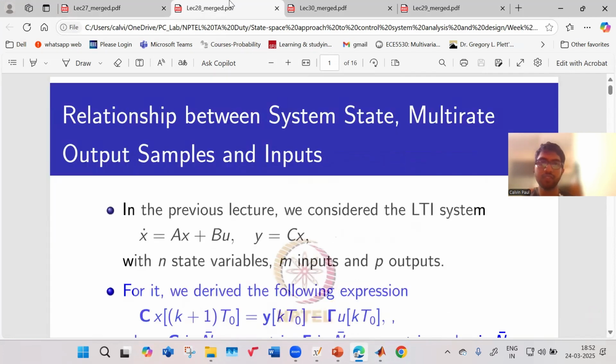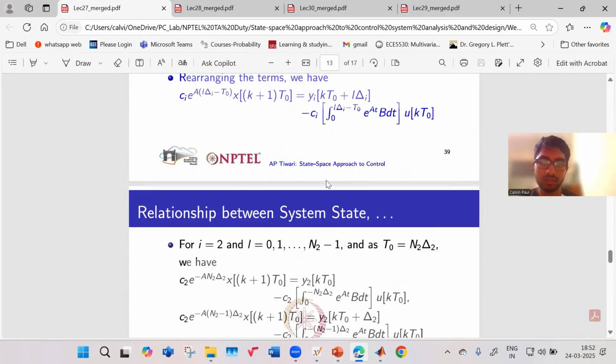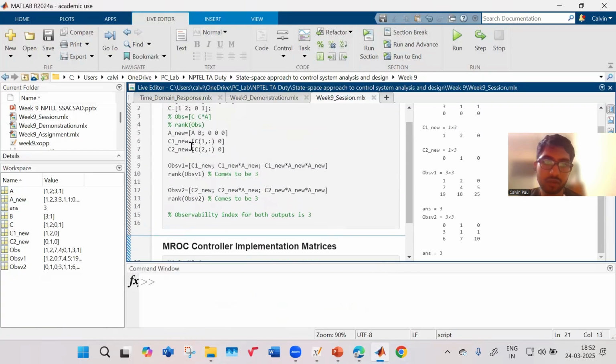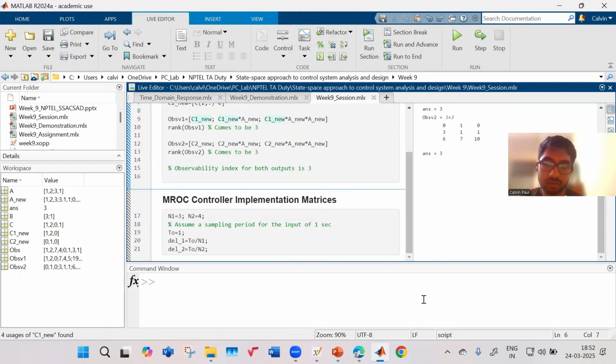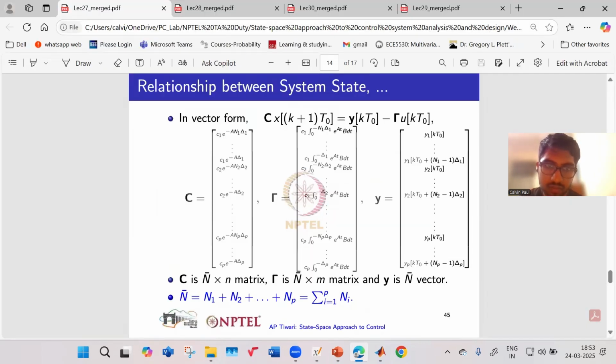Now let us try to find out this C matrix. We already found out this C1. Let's remove the C1 new. So for the C matrix, this C matrix is given by C block 2.